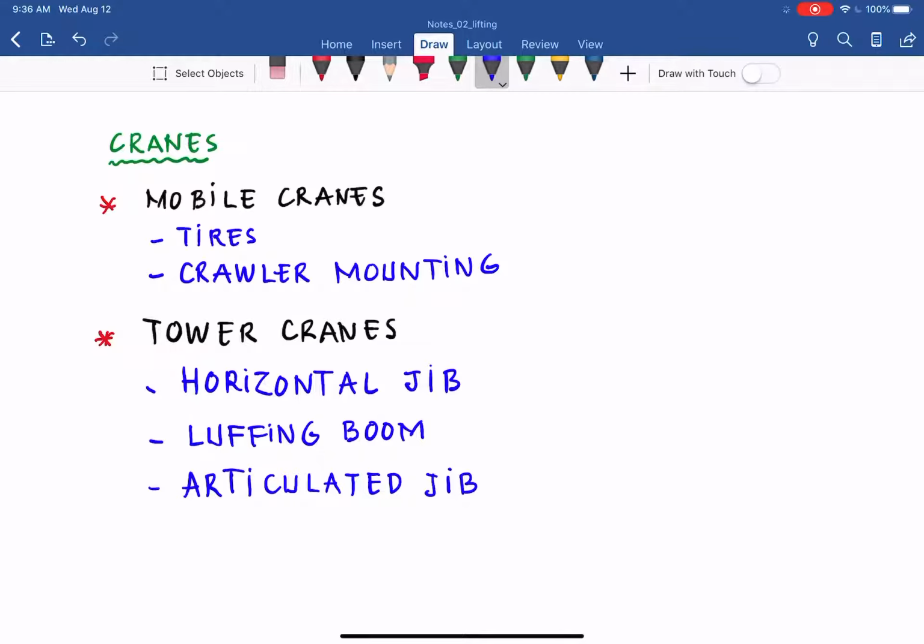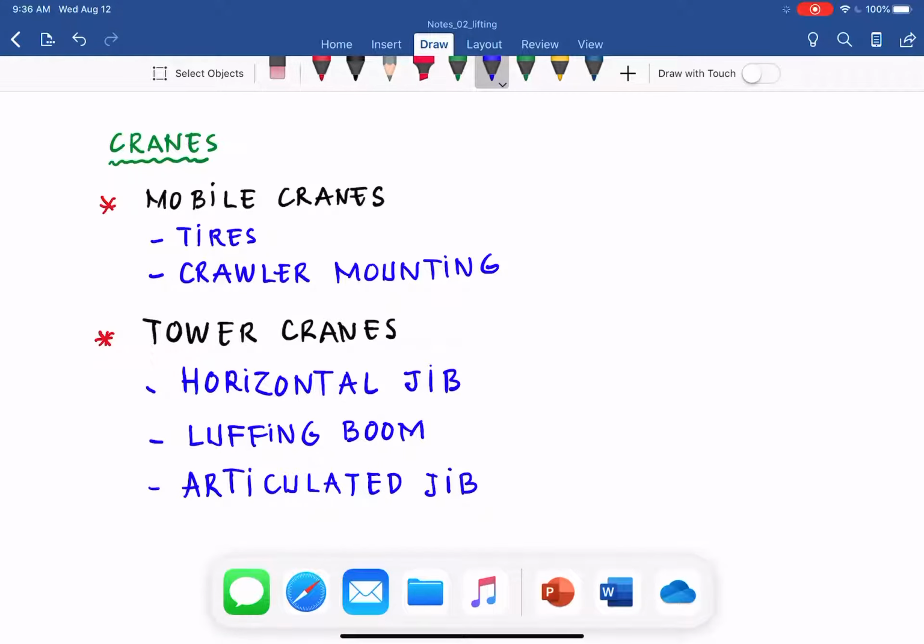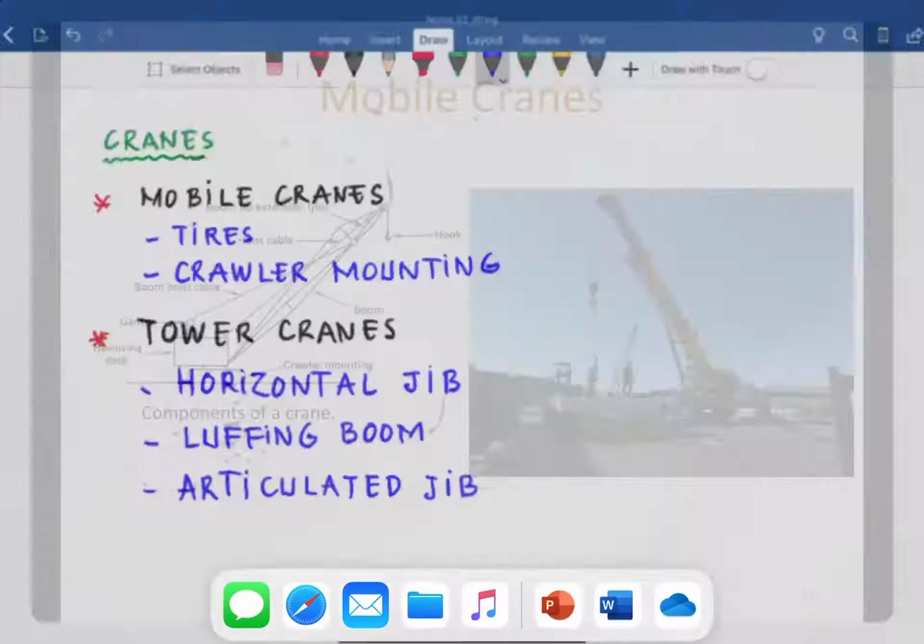So what is that about? Let's go to a slide to see some visuals of these cranes and their application.